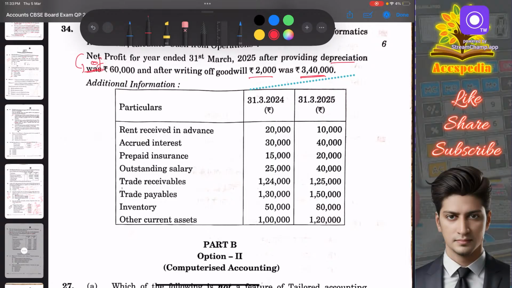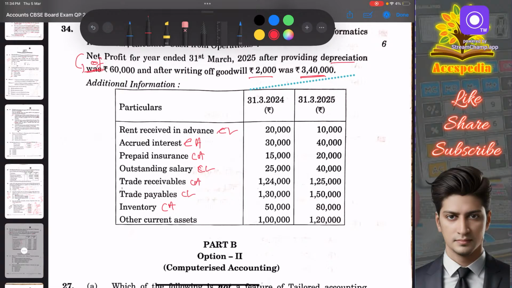We have rent received in advance, a current liability; accrued interest, a current asset; prepaid insurance, a current asset; outstanding salary, a current liability; trade receivable, a current asset; trade payable, a current liability; inventory, a current asset.